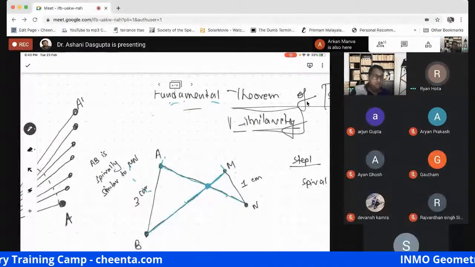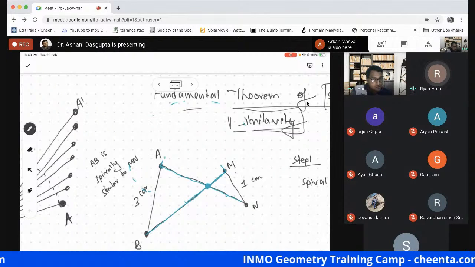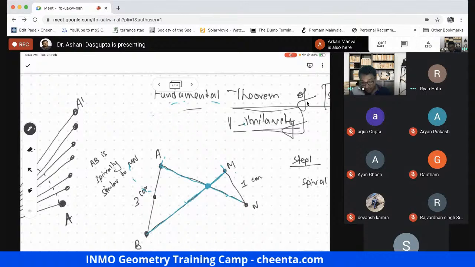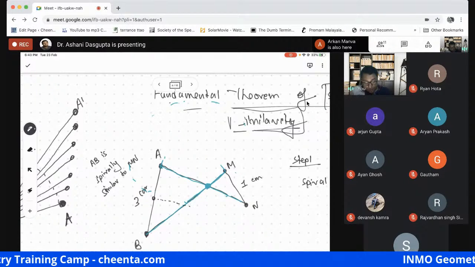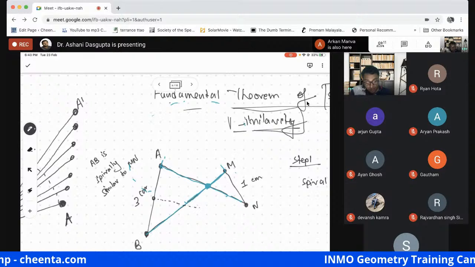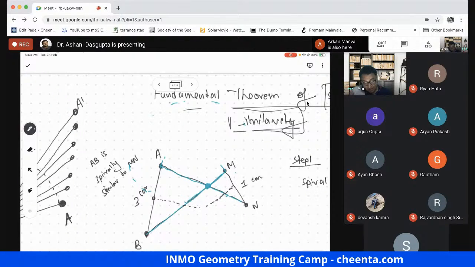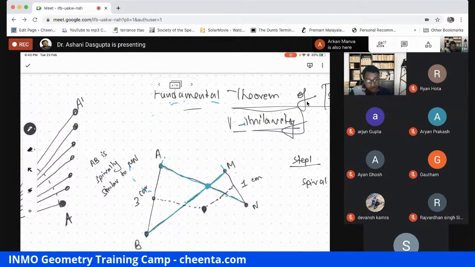Sir, can I use the intersection of the perpendicular bisectors of AB and MN? Okay, that's quite imaginative. Very nice. If you draw the perpendicular bisector of AB, if you draw the perpendicular bisector of MN, see how Ryan's brain is working.